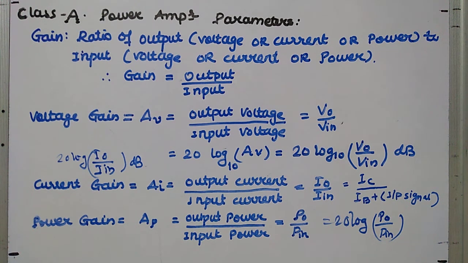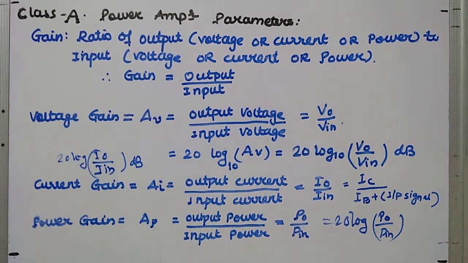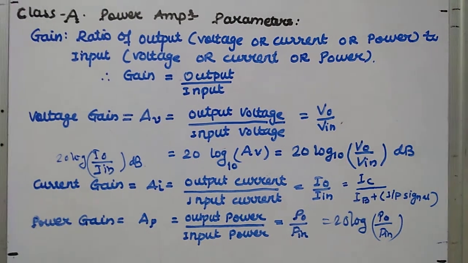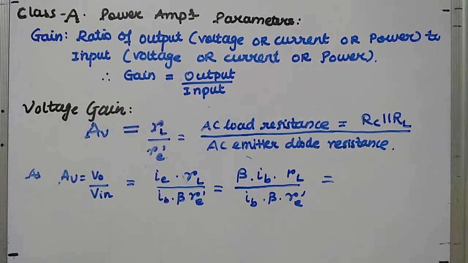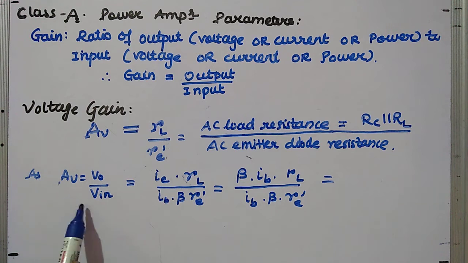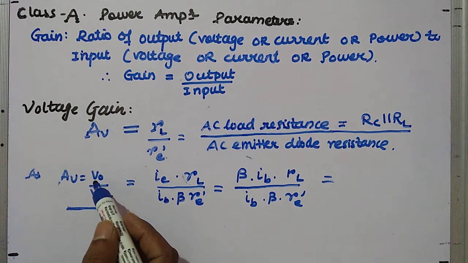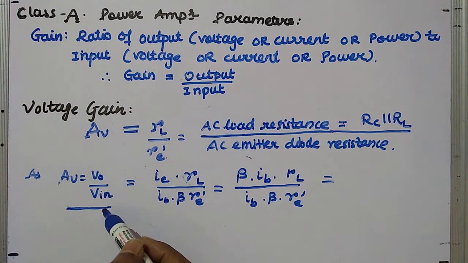Now we will see how the gain is calculated specifically for the class A power amplifier. Voltage gain in class A power amplifier is the ratio of output voltage upon input voltage. Now we will simplify the values of output voltage and input voltage.